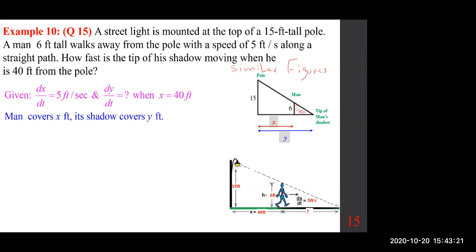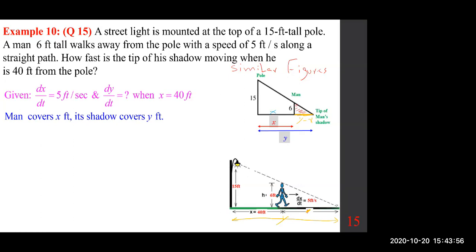What is this distance? This distance is x, and the whole distance is y. By the way, this y, class, we really mean the whole thing.